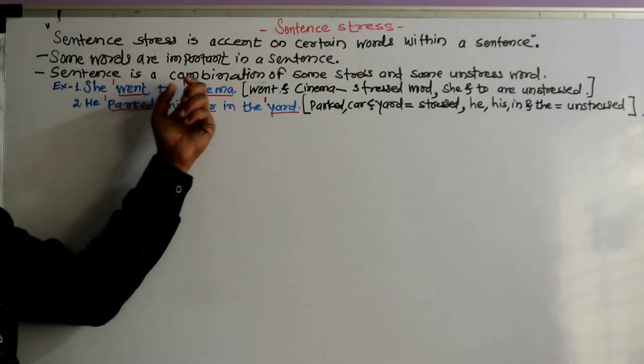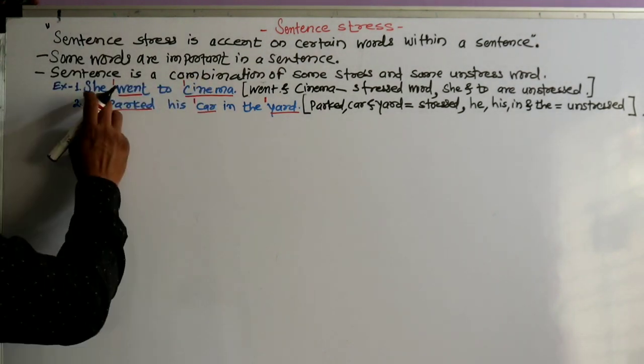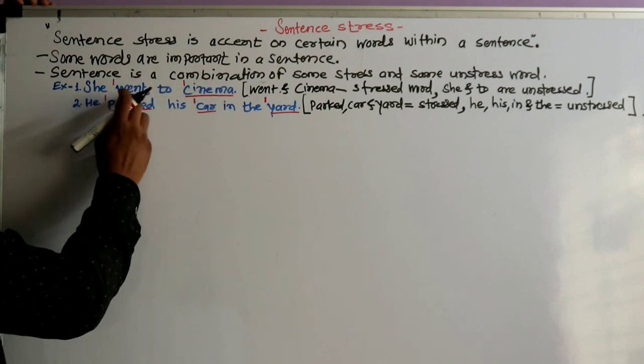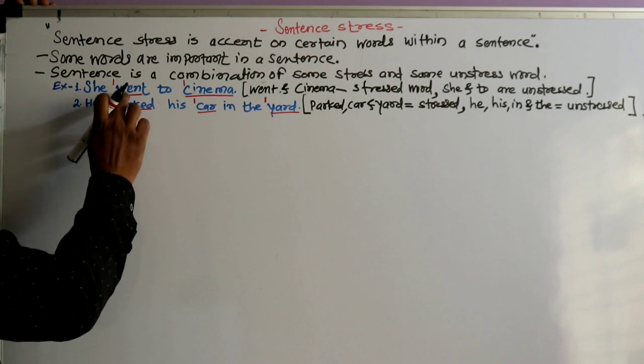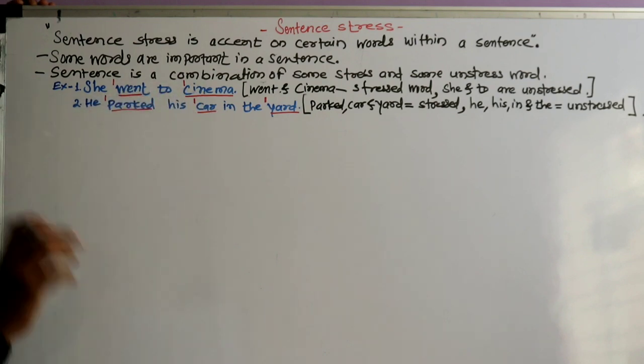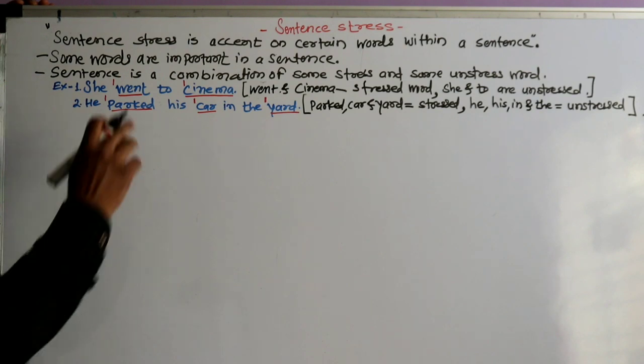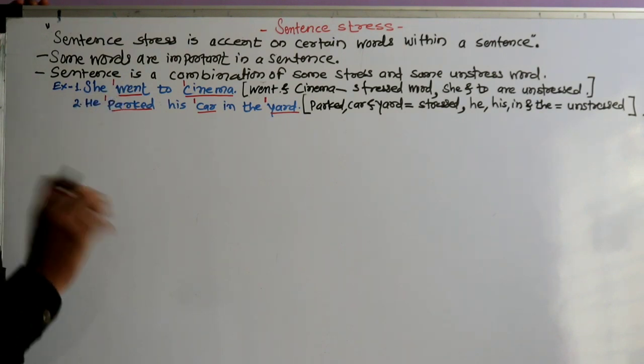She went to cinema. She went to cinema. So went and cinema both are traced. So when we produce the sound, we have to trace it forcefully, louder and longer.